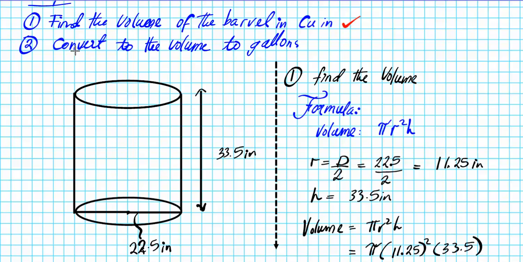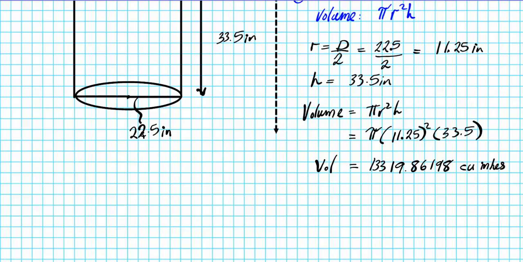Check. Next, we're going to convert that volume into gallons. Okay, this is just a unit conversion part. So part two, convert volume to gallons. Okay. Now there are two ways you can do this part.